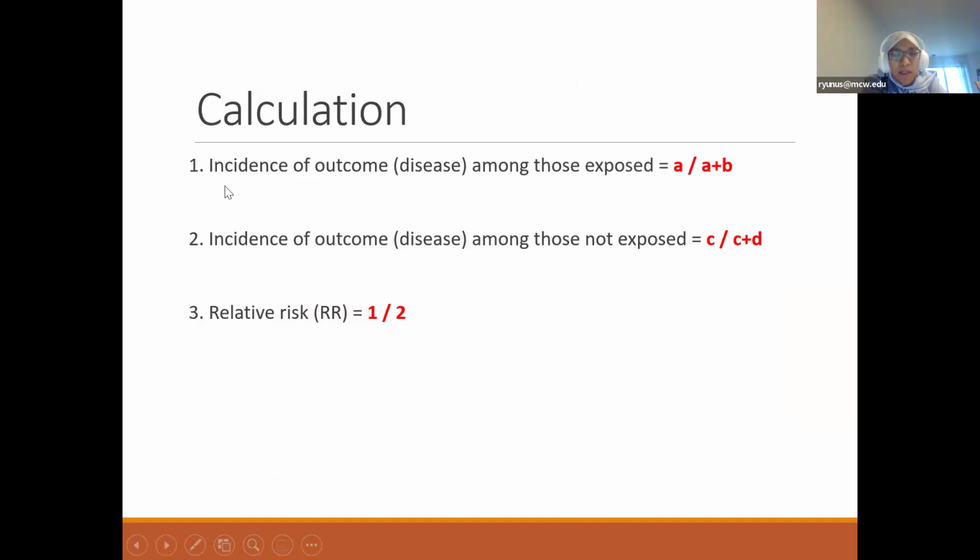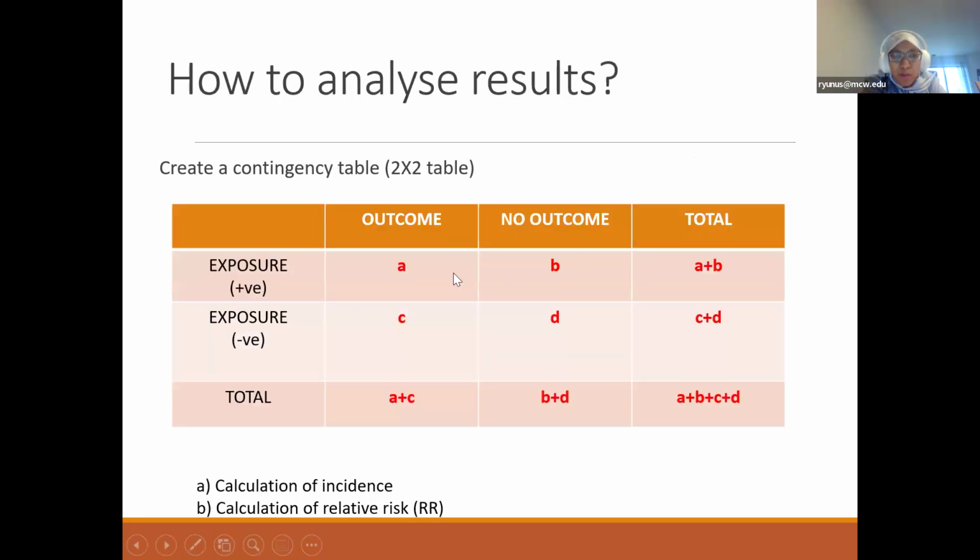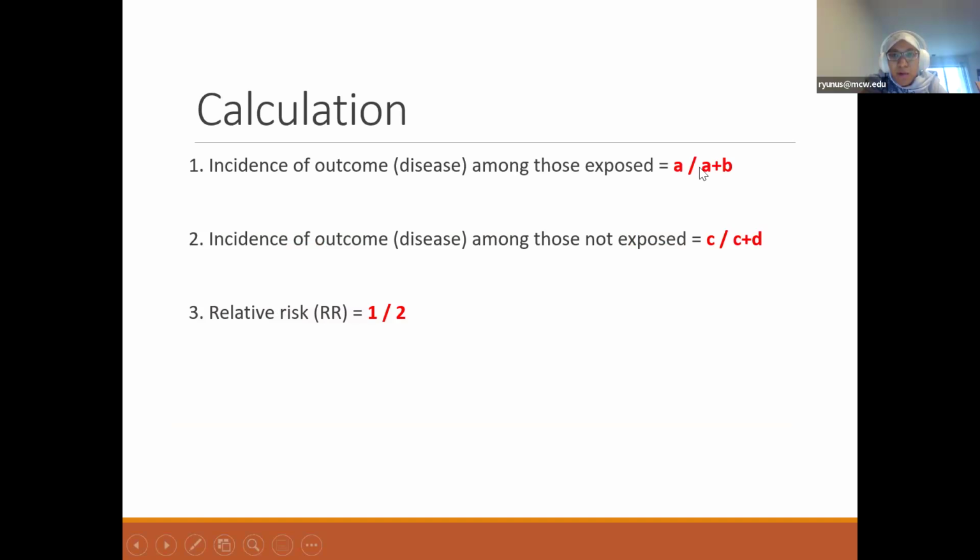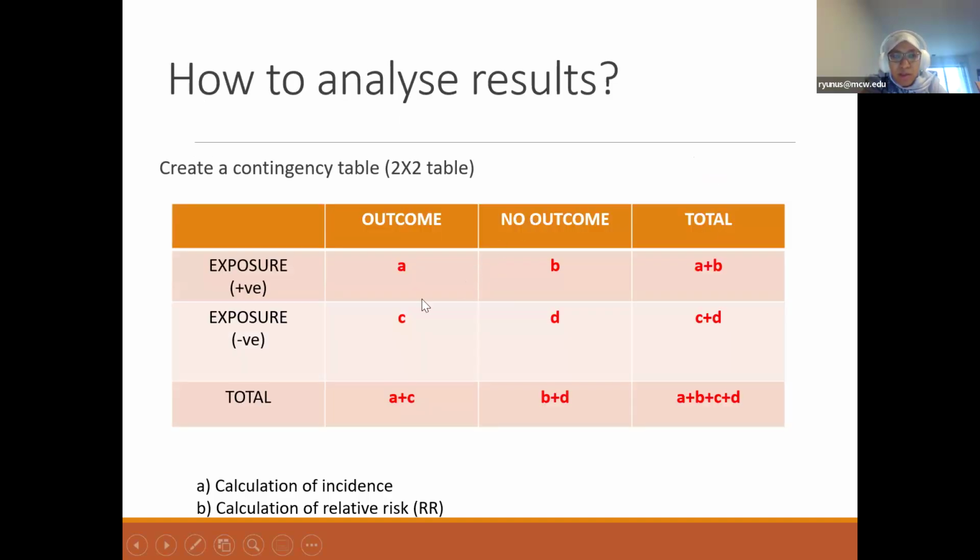So how do you calculate incidence of the disease? There are two types of incidence. You can get incidence of disease among those exposed, and you can get incidence of disease among those who are not exposed. Incidence of disease among those who are exposed will be A over A plus B. So it will be this one divided by this one, the total.